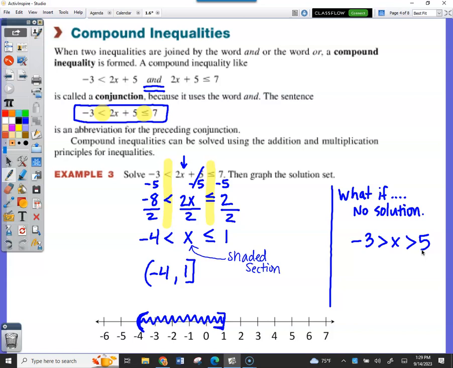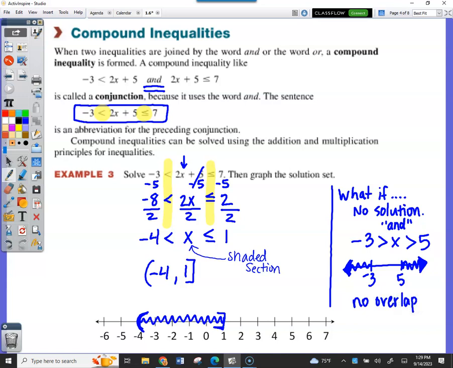So let me show you what it looks like on a shaded region. You would go to negative 3. This is saying go less than, right? And this would be at 5, and it's saying go greater than. Because it's an and inequality, and means where do the shaded sections overlap? There's no overlap. And it's an and inequality, which means it's no solution.